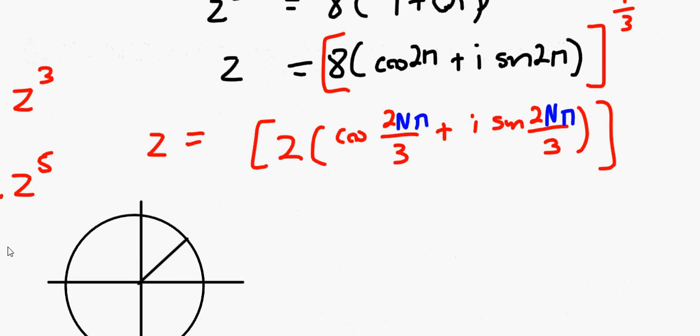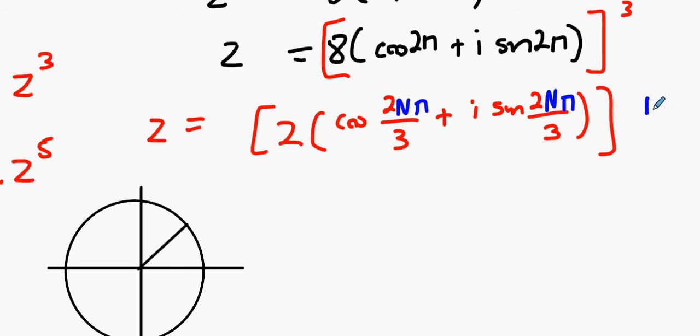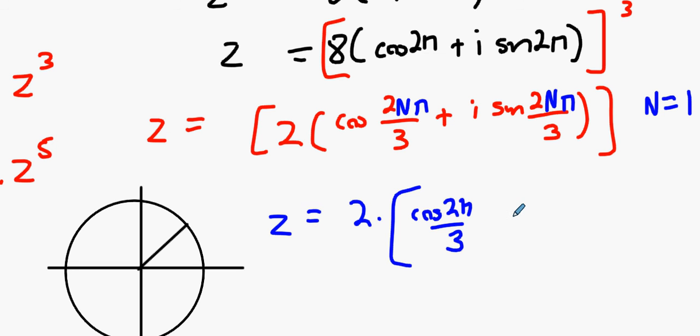Okay? So what happens when n equals 1? What's the answer? I think it's the one we got earlier, wasn't it? It's the answer we got earlier, which was 2 times cos 2 pi over 3 plus i sine 2 pi over 3.